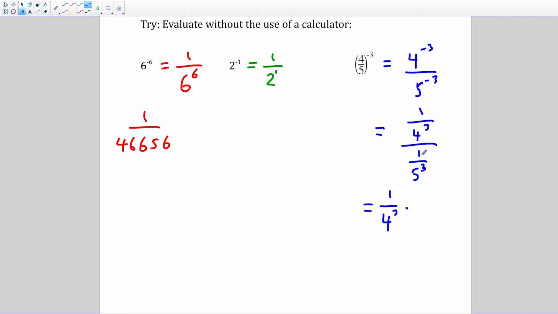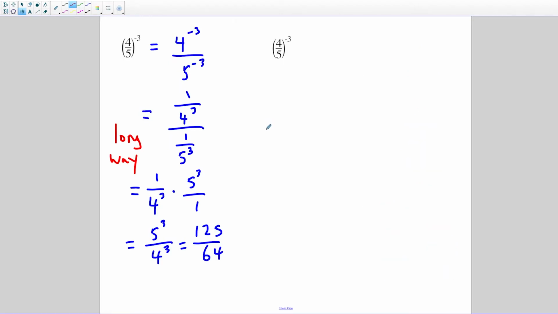So I'm going to switch my numerator and denominator, so the 5 cubed goes up top, and my 1 goes on the bottom. Since we are now multiplying fractions, I multiply across the top, which gives me 5 cubed, and I multiply across the bottom, which gives me 4 cubed. And we can go ahead and simplify this as 125 over 64. So that seemed kind of tedious, wasn't it?